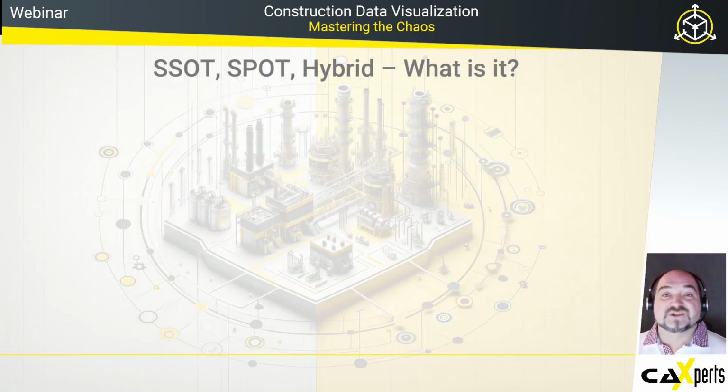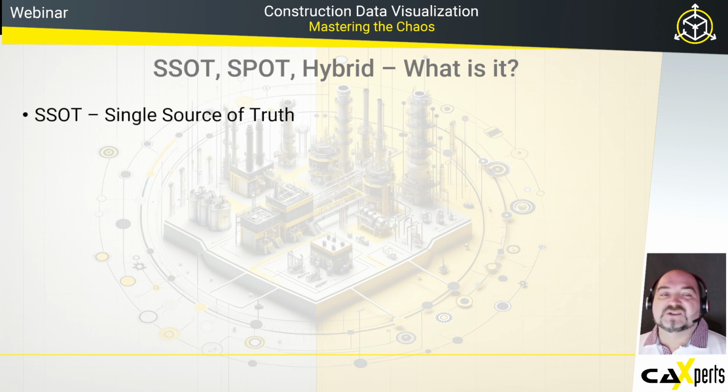But when talking about digital twins, there's a couple of terms that are used very often and very often interchangeably, even though they do differ. There's SSOT, SPOT, hybrid. What does that actually mean? So SSOT, or single source of truth, is actually a central storage for data.